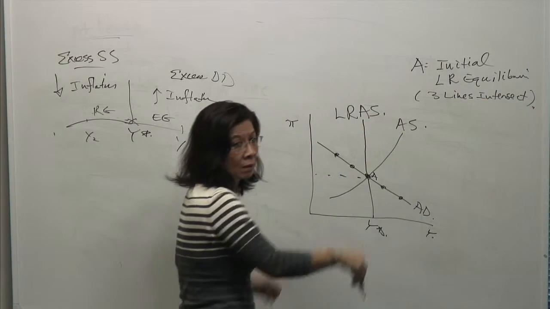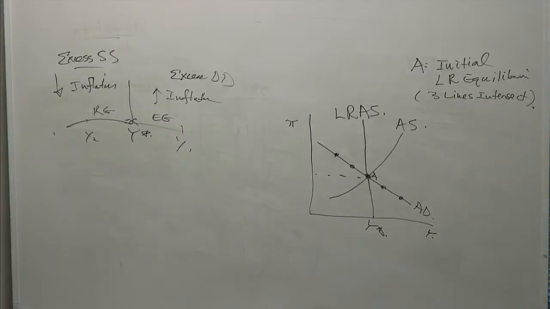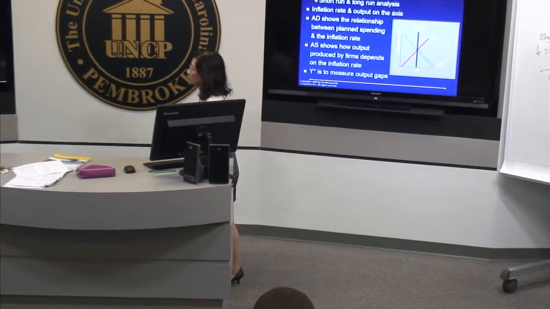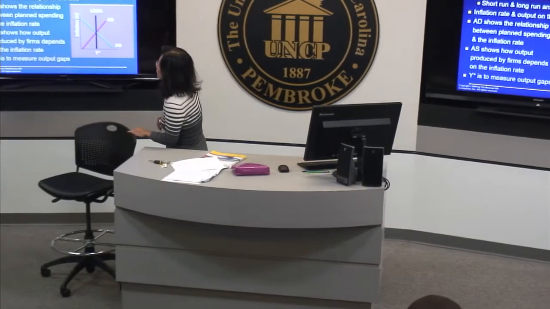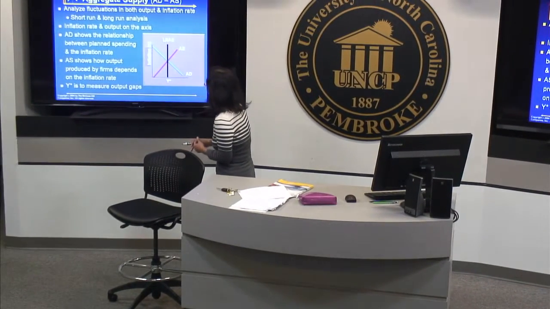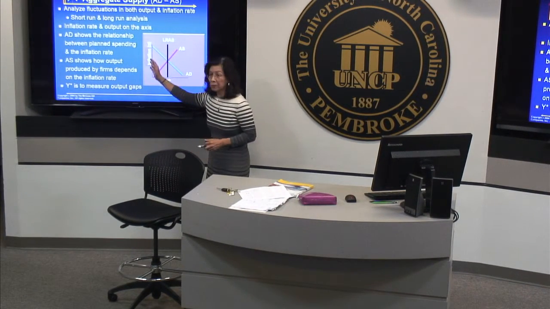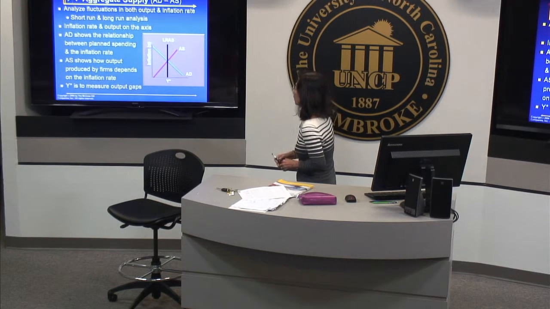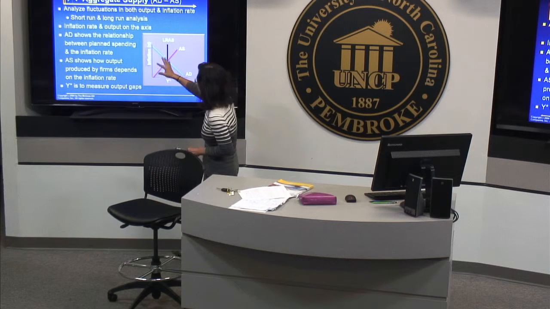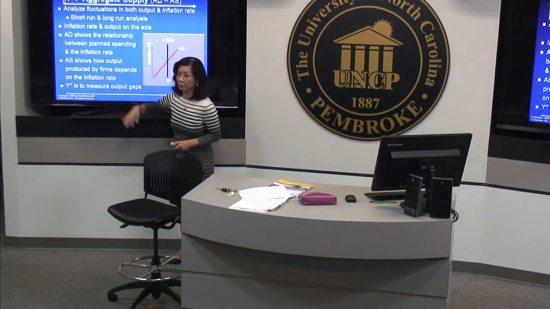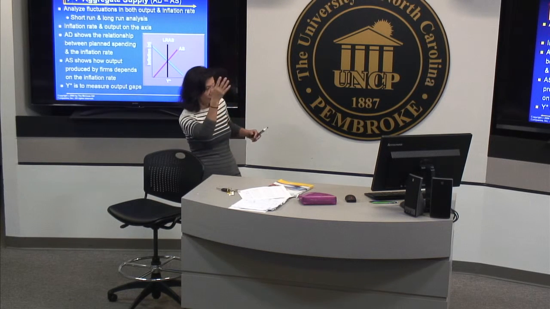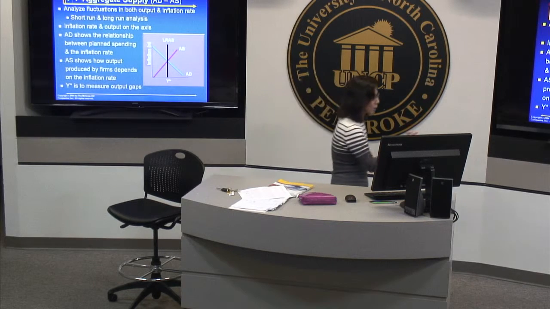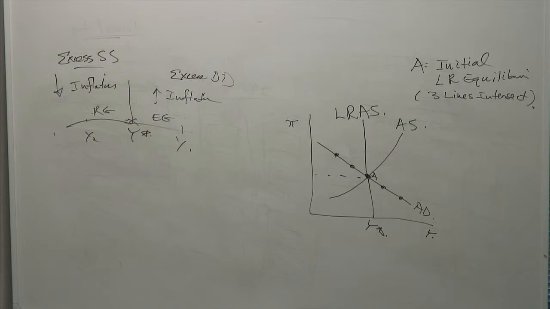Okay, please write this down. This is a good part to take note. You did pay attention that on your y-axis is now the inflation rate, and on your x-axis is now income. So the aggregate demand curve will show the relationship between planned spending and the inflation rate. There it is, your AD curve, every point on it is your PAE.